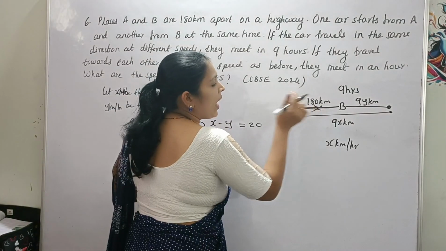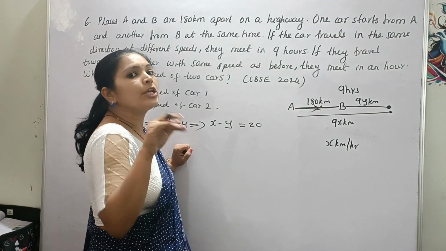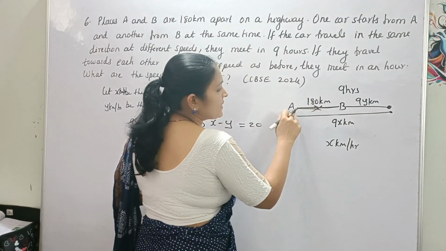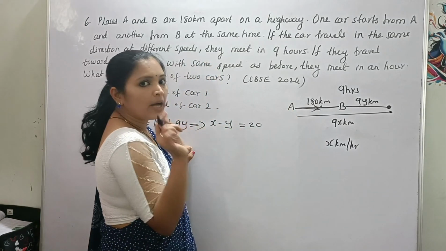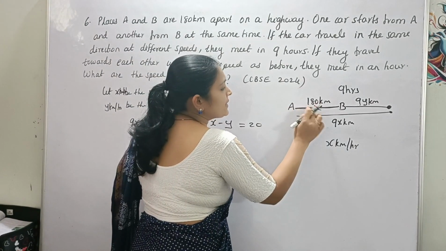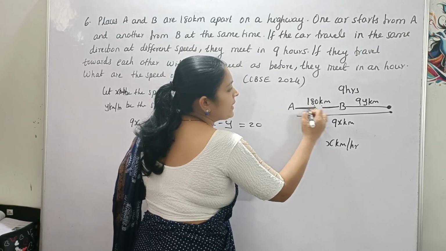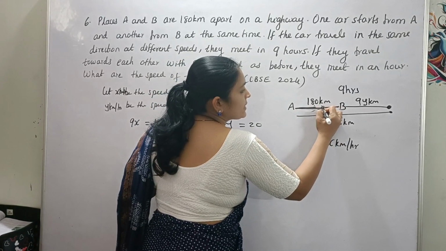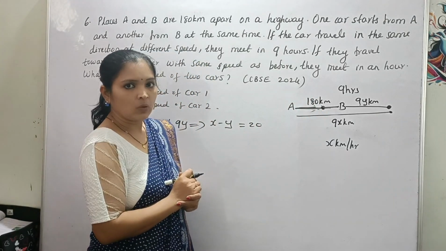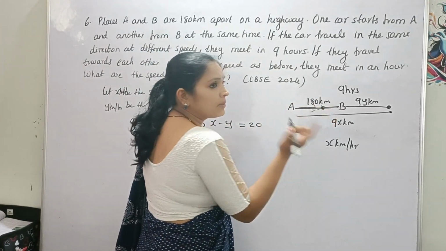So here after 1 hour they will meet. See, consider this one. So what is the car 1 speed? Car 1 speed is x kilometer per hour. Suppose this is the point where they meet.